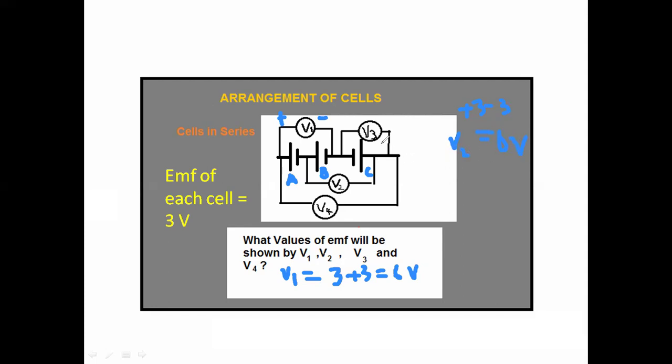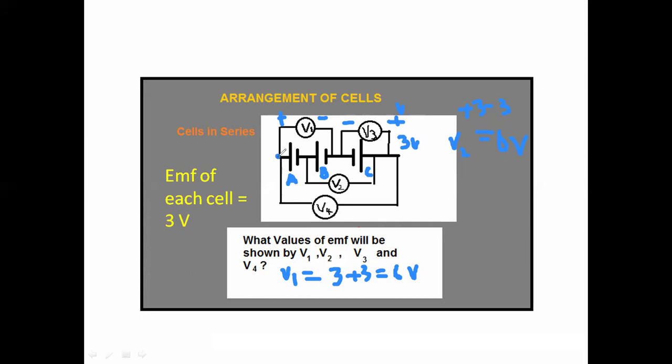What will V3 show? If this is the positive side of voltmeter 3 and this is its negative side, then this one will show minus 3 volt. If we connect it the other way around, that is, the voltmeter has its negative terminal connected to the negative of the cell, then this will show plus 3 volt. What about voltmeter 4?